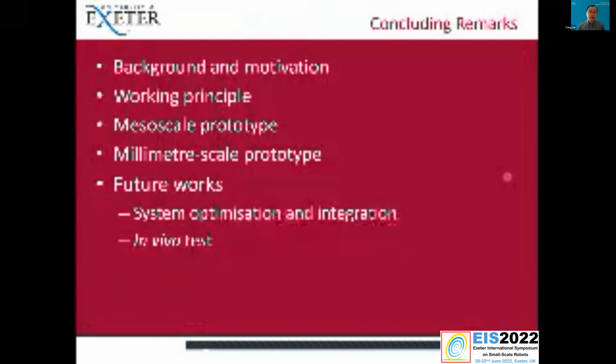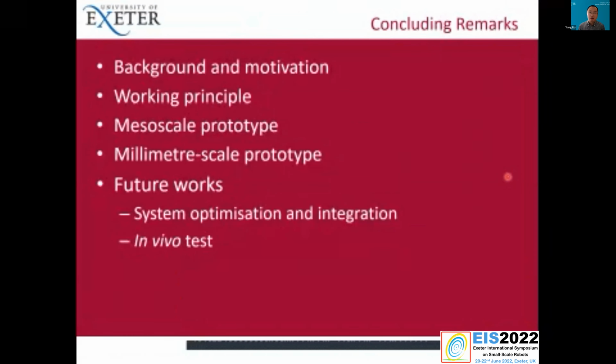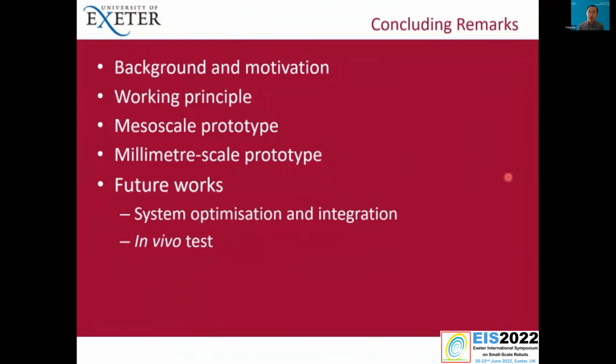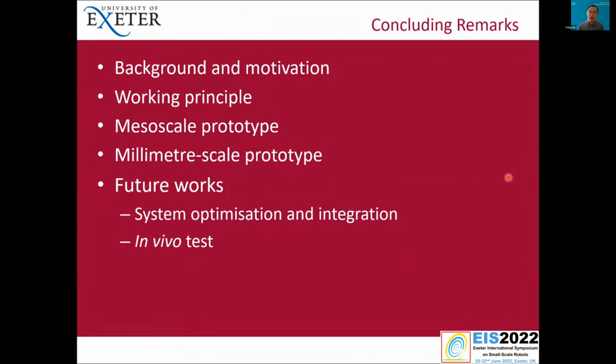In my talk, initially I gave you the background and motivation of this research, and then I studied the working principle of our design. Then I introduced the mesoscale prototype. Initially, we started to think about how to understand the dynamics of the system, and we can figure out the best parameters for control.